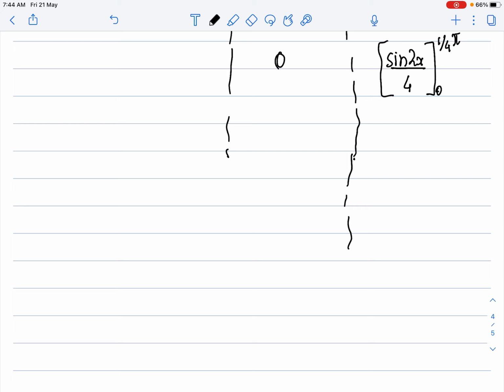So now what I can do is, in the place of x, I can first put 1 upon 4 pi. So on the calc, just do sine 2 into 1 over 4 pi. When you do that, you get your answer as 1. So you get 1 over 4 minus, I know when you put 0 in the place of x, I get 0 because sine 0 is 0. So I get 1 upon 4 pi.